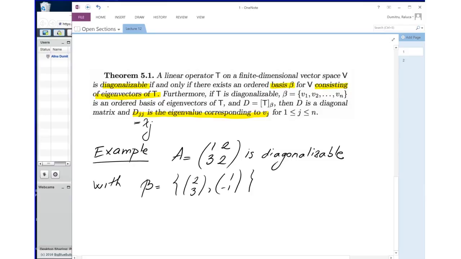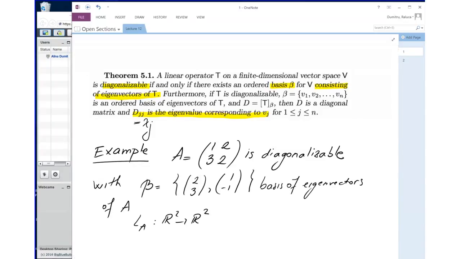That would be a basis of eigenvectors of A. A basis of R2, right? Because you're going to look at A, or L sub A, as a linear transformation from R2 into R2. So A being diagonalizable or L sub A being diagonalizable is the same thing.